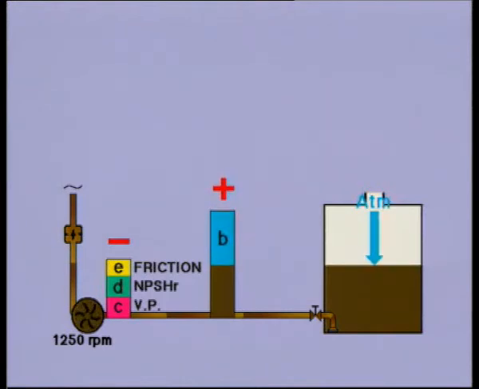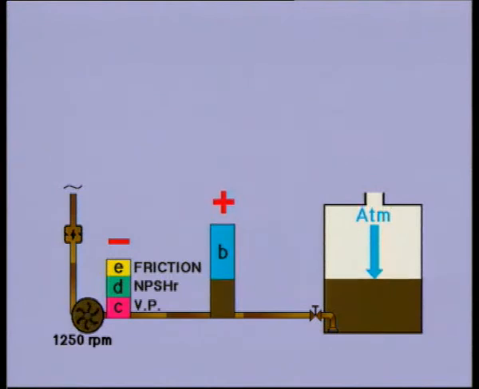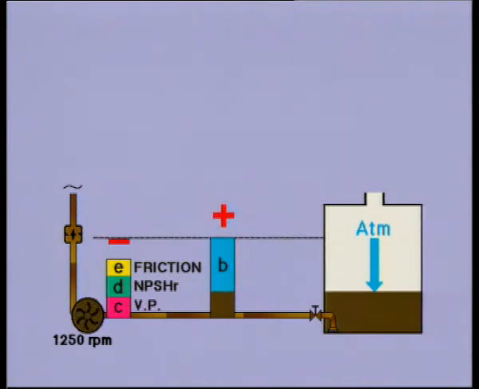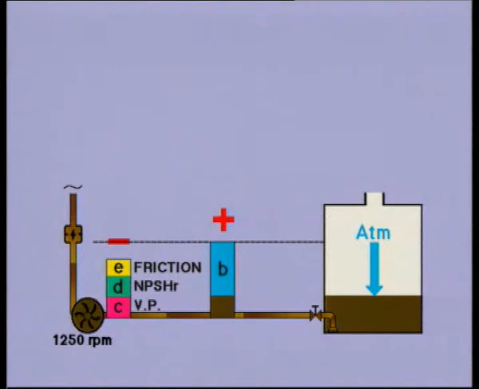This is what happens if the pumps are left unattended at full speed, with the discharge valves fully open as the tanks are discharged. The plus column is reduced as the level of oil is sinking in the tank. The column from the air pressure is of course the same. The difference between the positive and the negative columns is reduced.